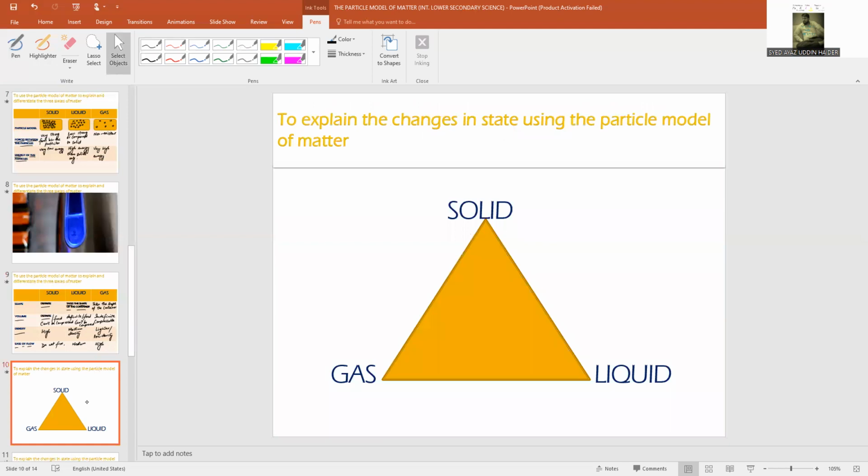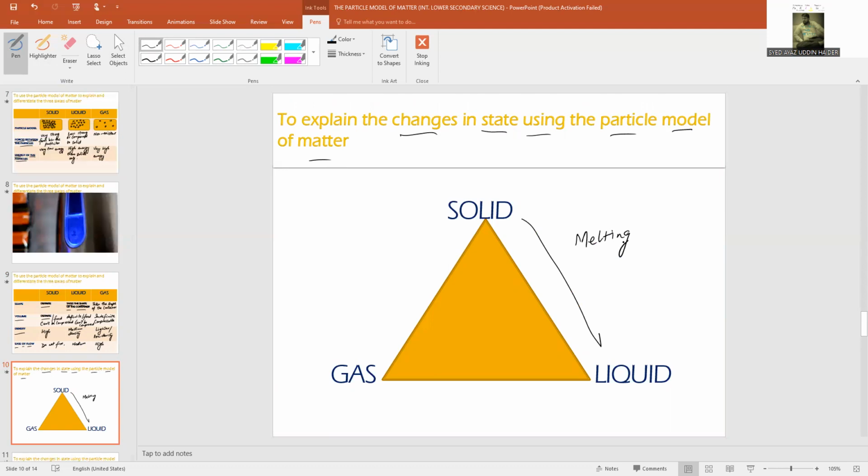Now, let's talk about the changes in state using the particle model of matter. When you heat the solid, it will change to the liquid state. The process is known as melting, and this will take place at a fixed temperature, and we call it melting point.